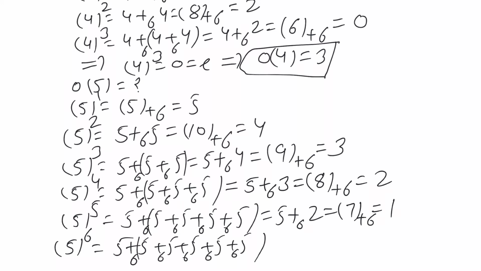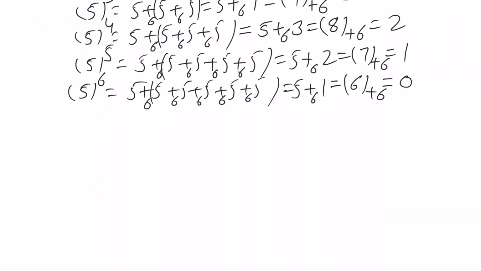This 5, when added 5 times, gives the result 1 from the above case. So further, when 5 is added to 1 it is 6, and addition modulo 6 is 0. This implies that 5 raised to the power 6 is 0, the identity, therefore the order of 5 is 6.